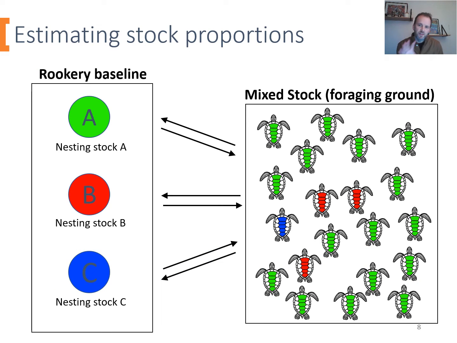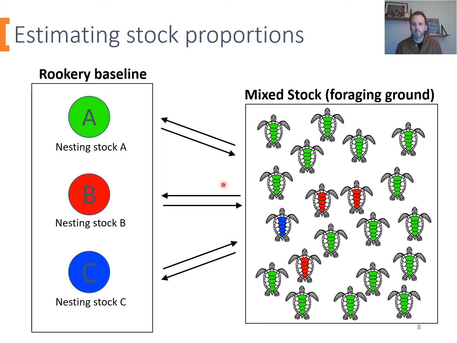So this is essentially how it works. The simplest situation that we can think of is a mixture involving only a few stocks that have strong genetic structure with no shared alleles or haplotypes. So in this overly simplified example, we have three baseline stocks with fixed haplotype differences represented by the three colors and a shared feeding ground.